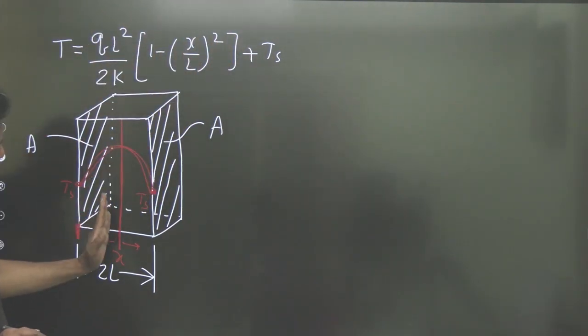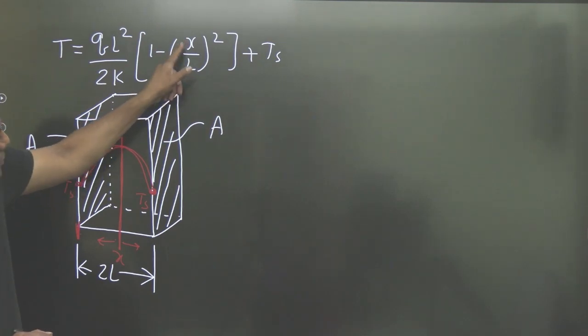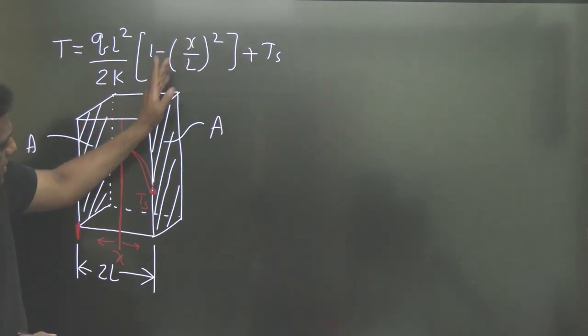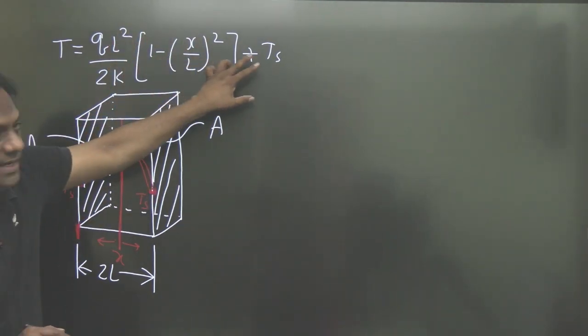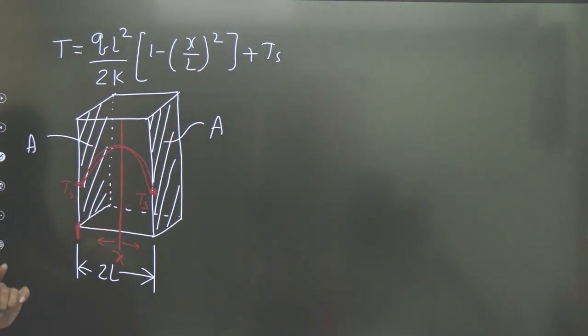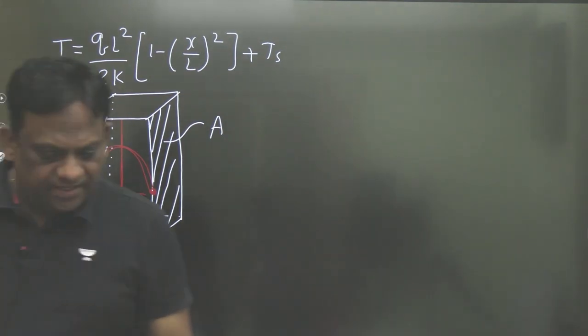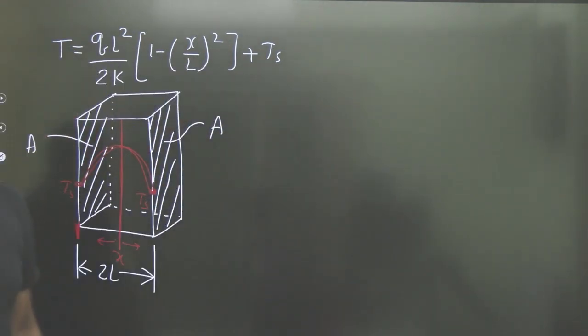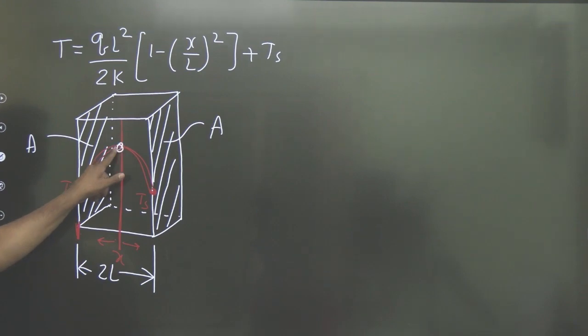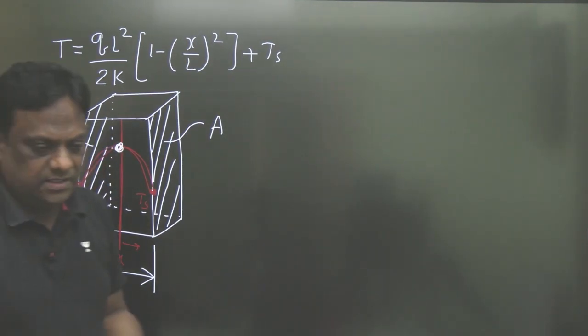If you put plus L, L by L is 1, 1 square is 1, 1 minus 1 is 0, again Ts. So it is symmetric on both sides. And obviously, where is the temperature maximum? The temperature is maximum at the center.